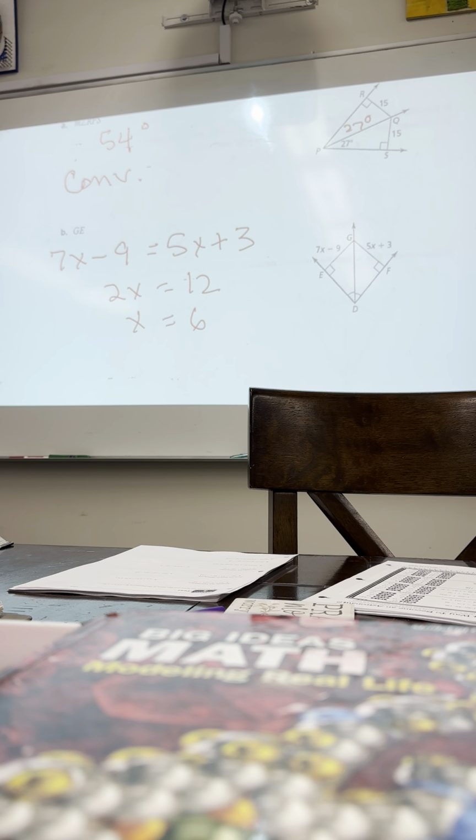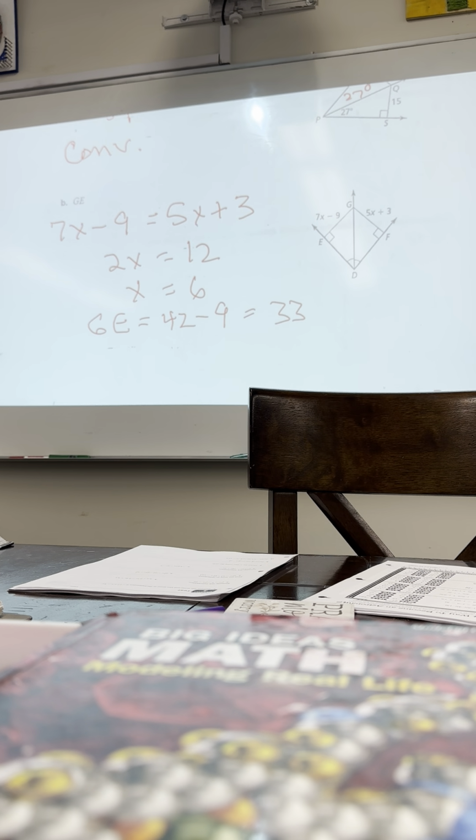So the answer would be 33. So the answer here is GE, we got 6, and then we had to plug back in, I didn't finish it up. So 42 minus 9 is 33? Yes? Yes, Sean? And this was the angle bisector theorem.